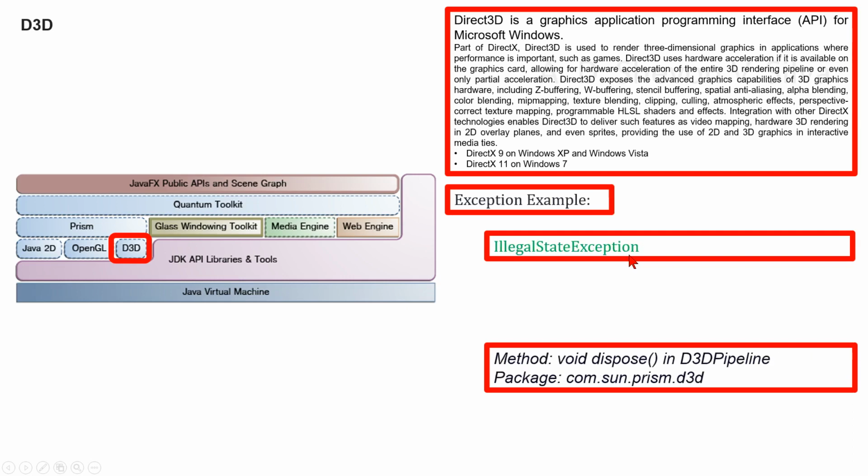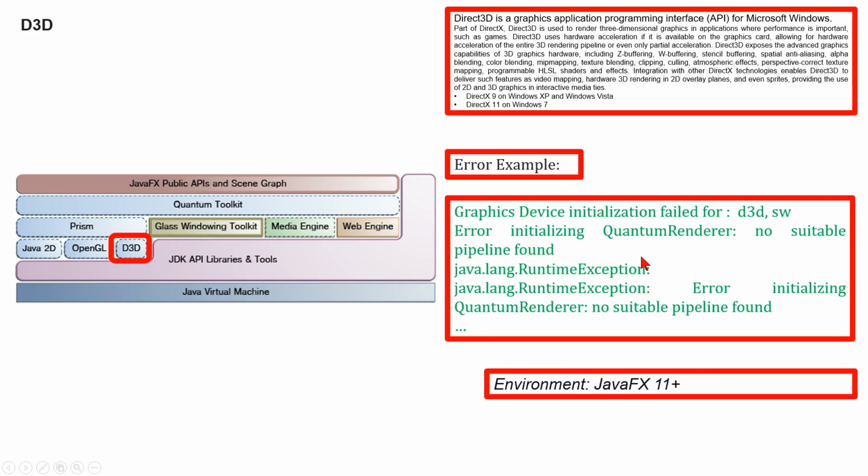As an exception example, we can consider this IllegalStateException, which can occur in void dispose in D3DPipeline, which is in the package com.sun.prism.d3d.